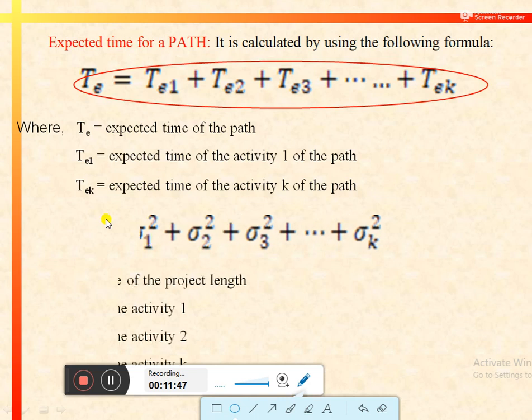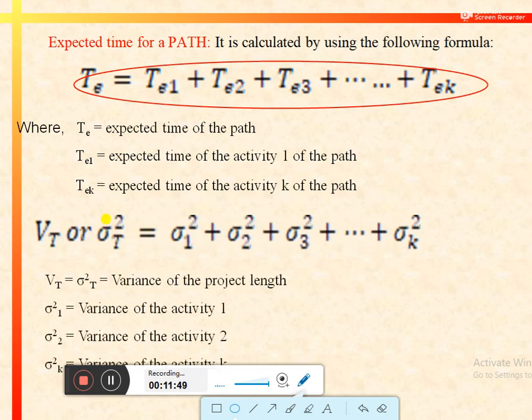In this sequence, we need to calculate the expected variance for the given path. Again, we need to calculate the sum of the variance of different activities that constitute a given path.